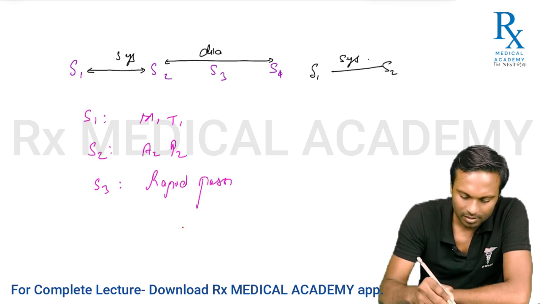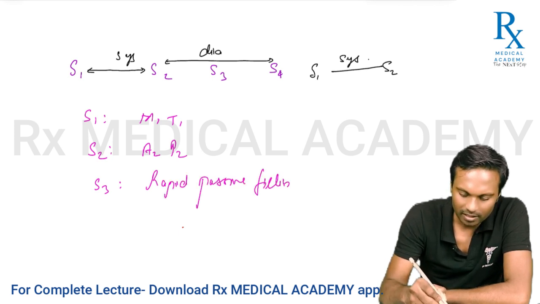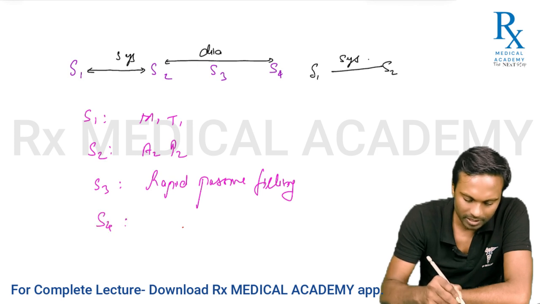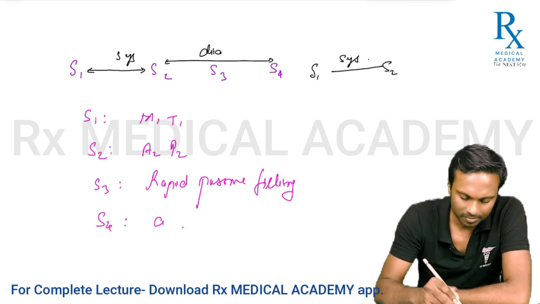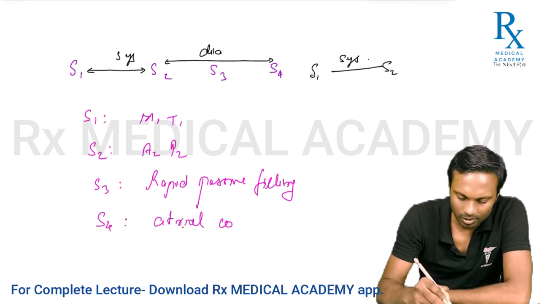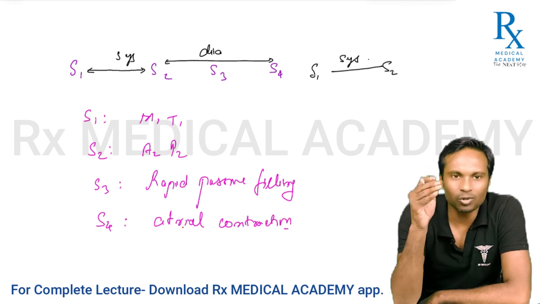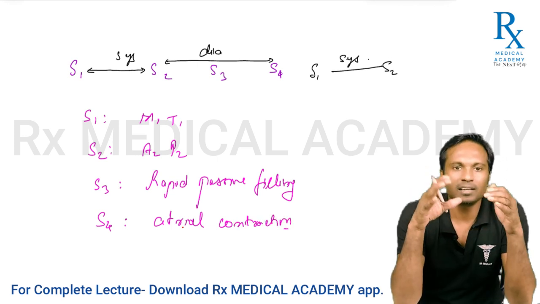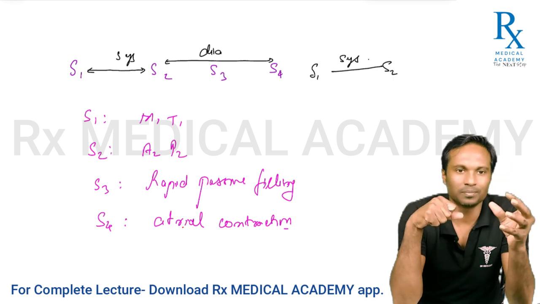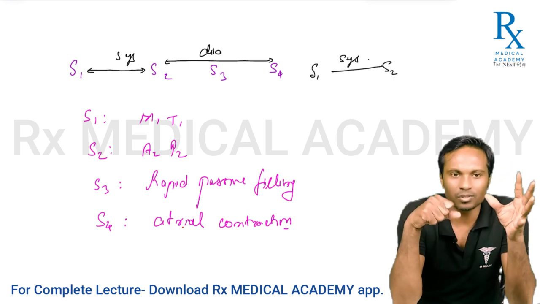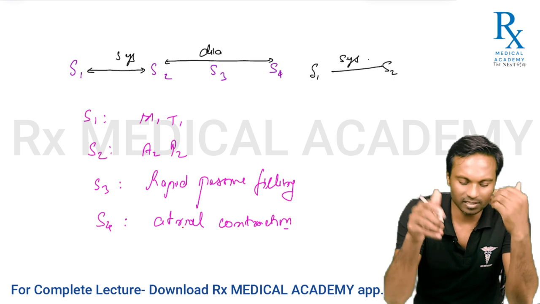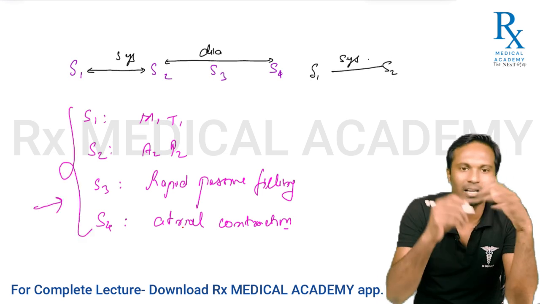And S4 will be due to atrial contraction. Suppose someone is suffering from mitral stenosis. To overcome this stenosis obstruction, atria will have to contract forcefully. And this forceful contraction of atria can lead to turbulence and producing S4, something like this.